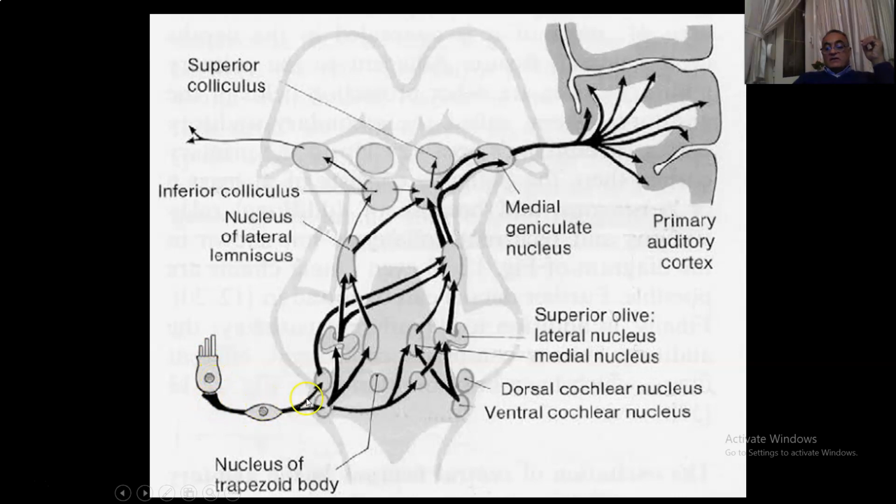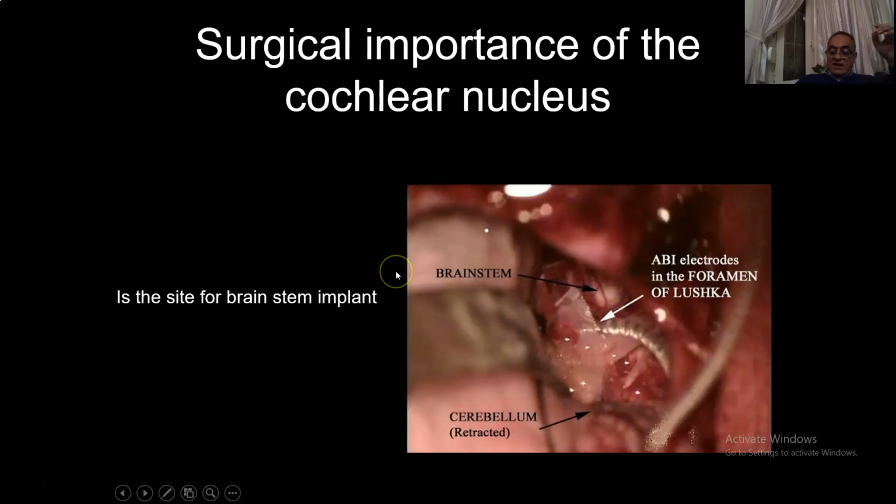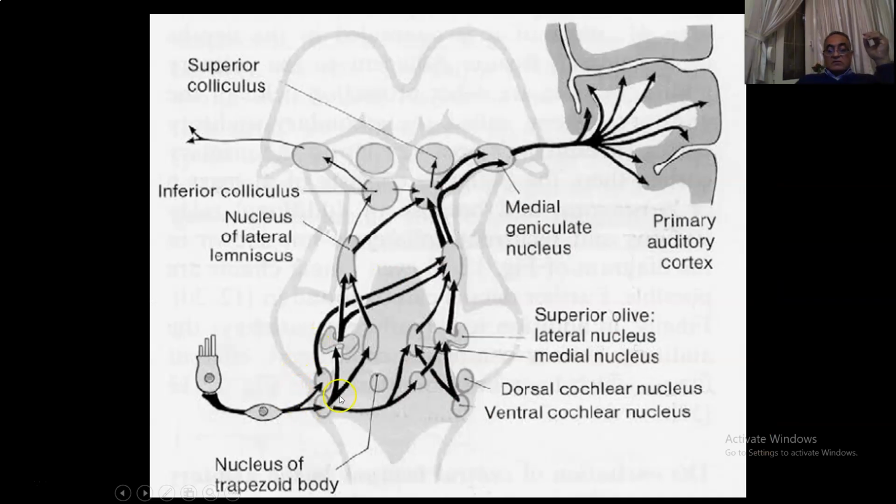Spiral ganglia, cochlear nerve, reaching cochlear nuclei, dorsal cochlear nuclei, contralateral nuclei of the lateral lemniscus, and the ventral nuclei to the contralateral inferior superior olive to the lateral lemniscus also, and some of the fibers pass ipsilaterally to the ipsilateral lateral lemniscus.